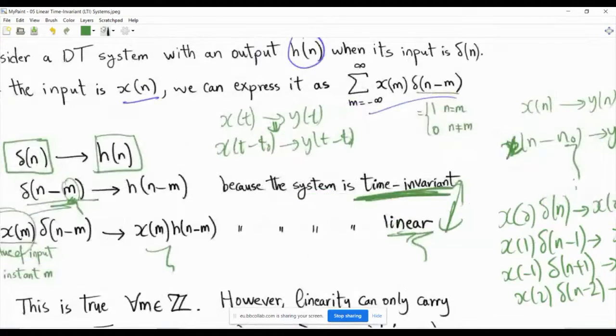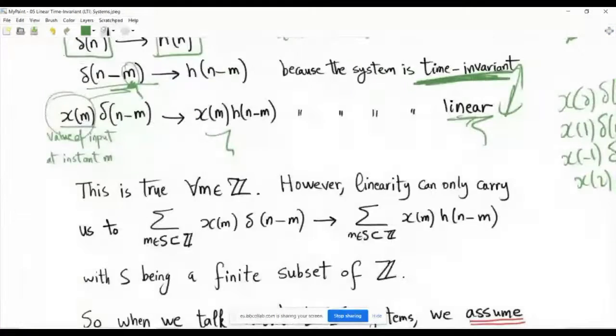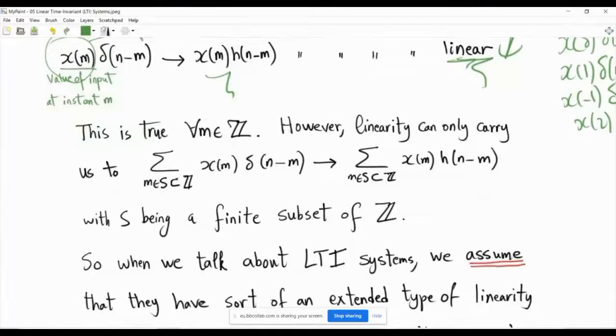So the linearity of the system means that we can sum those inputs over the m values taken from a finite subset of the integers, and indeed it will give us the same linear combination of outputs. But from the definition of linearity, extending it to infinite sums is not straightforward.